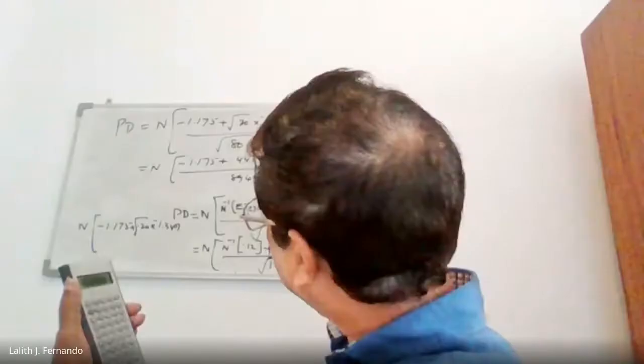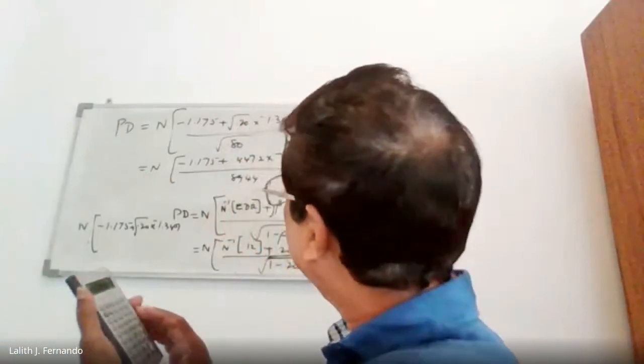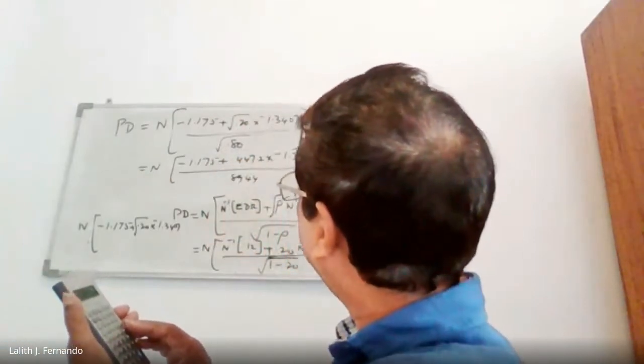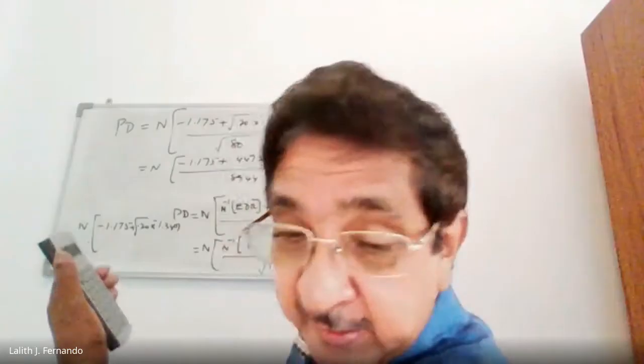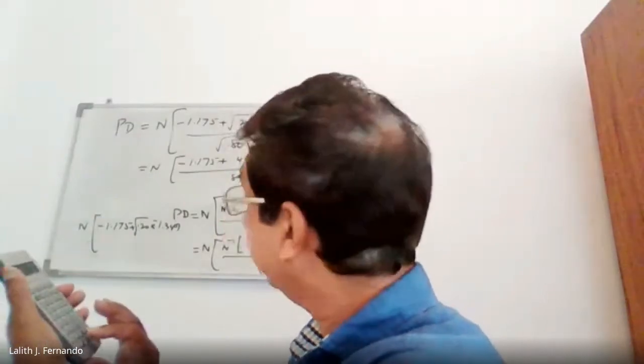Square root of 0.8 comes as 0.8944. I think those figures are correct. Then you get 1.9834, minus. Yes, that's correct.